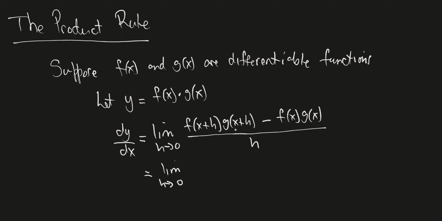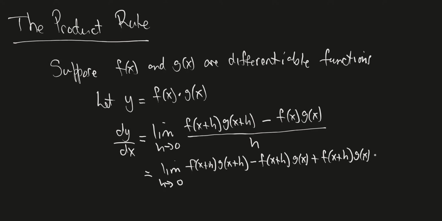I'm going to write down the first term that's in the numerator, the f of x plus h times g of x plus h, and then I'm going to subtract f of x plus h times g of x. But then I'm going to add it back in, so plus f of x plus h times g of x, and then bring down the other term that's in the numerator, so minus f of x times g of x, and this is all over h.